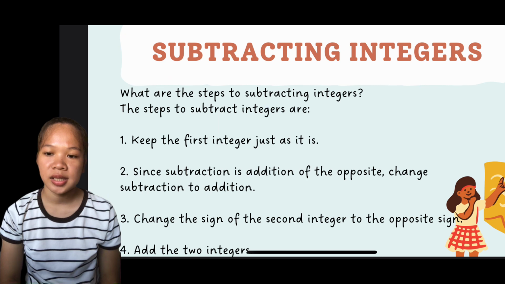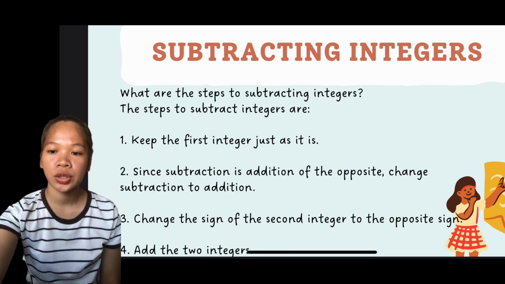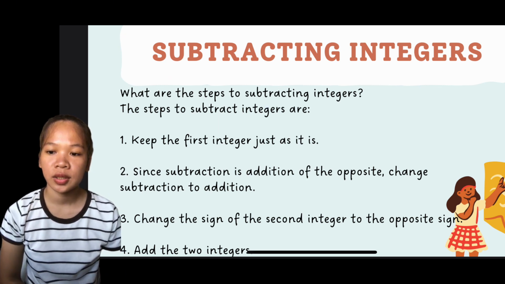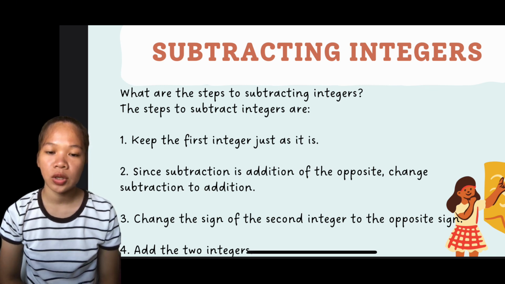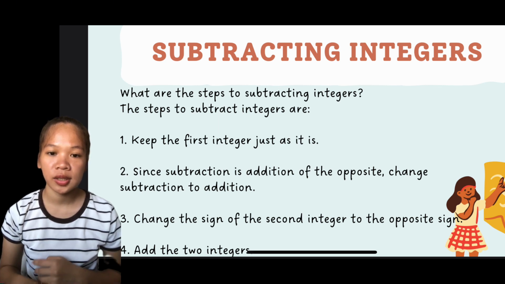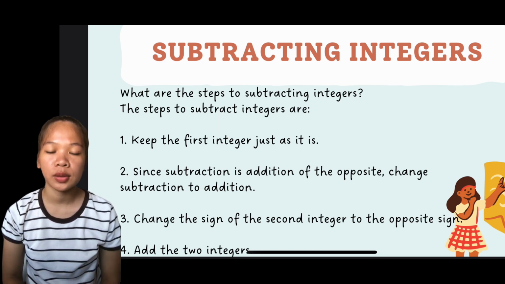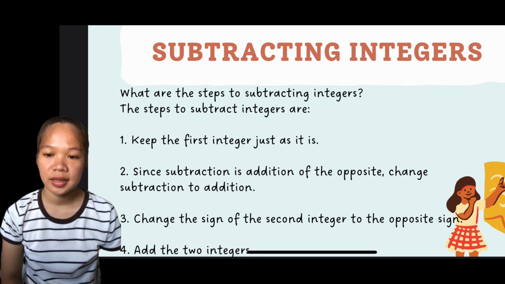Second, since subtraction is addition of the opposite, change subtraction to addition. Di ba yung opposite ng subtraction is addition. That's why we are going to replace the sign of subtraction into addition. And then the third step is change the sign of the second integer to the opposite sign.